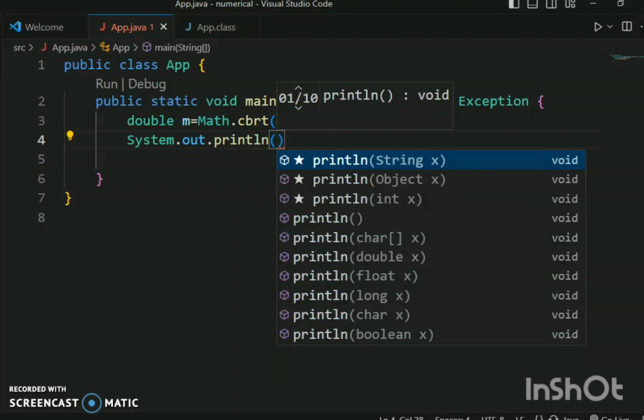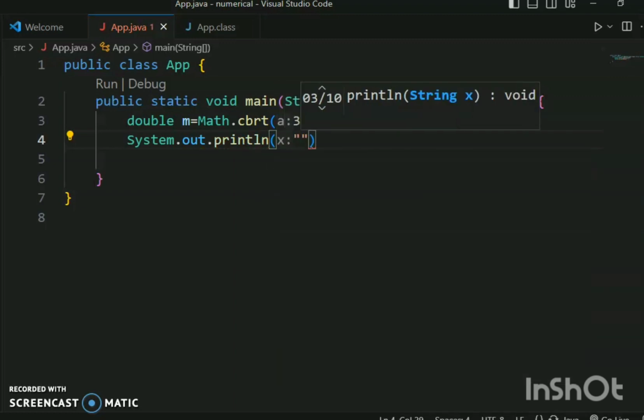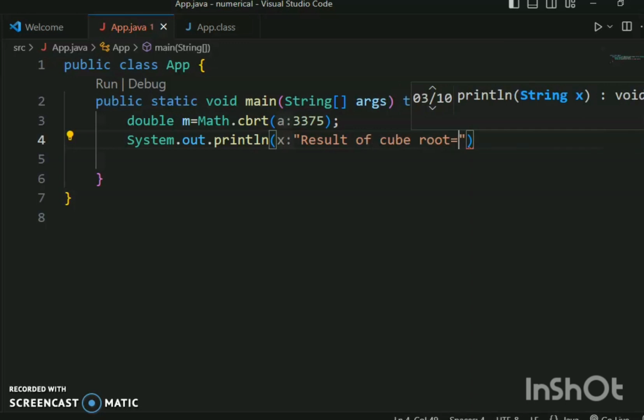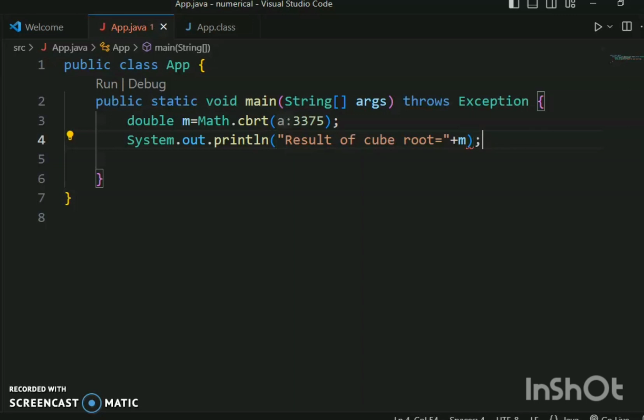Now I write the text "result of cube root is", and plus m. So plus m, this is the comma.